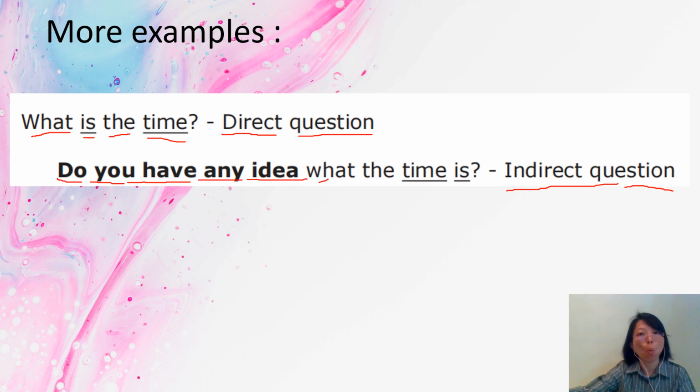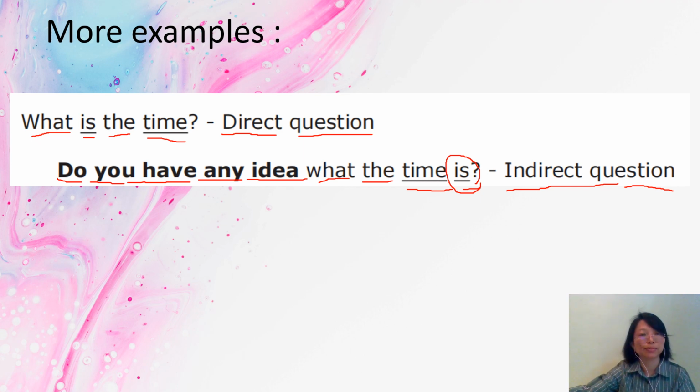Then you write what the time is. Again, we put the word is as the last word in the question. So the indirect question will be, do you have any idea what the time is?